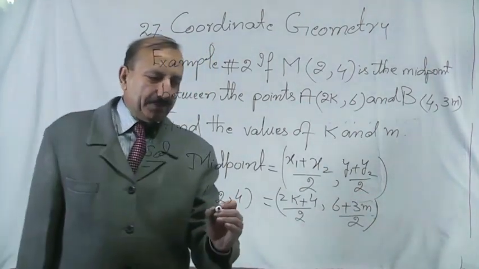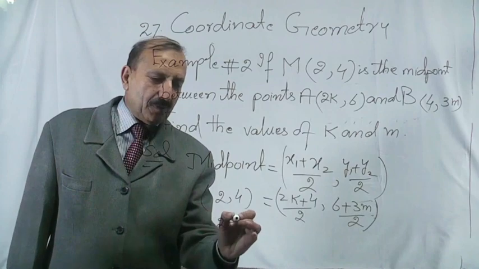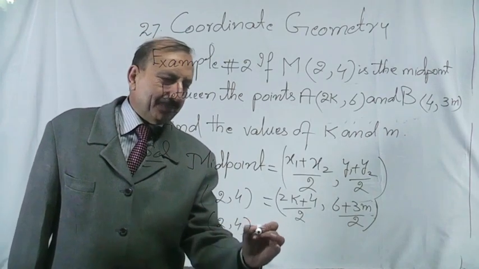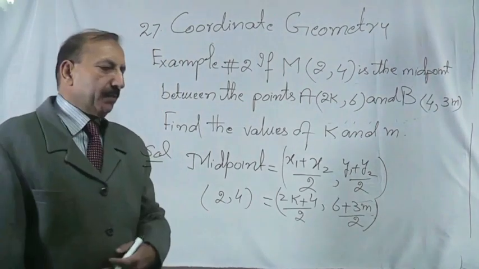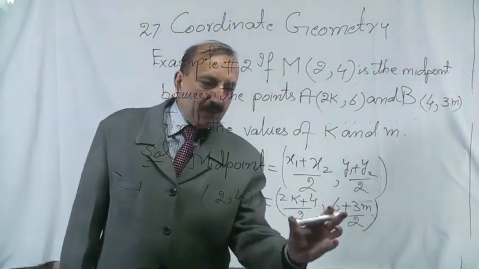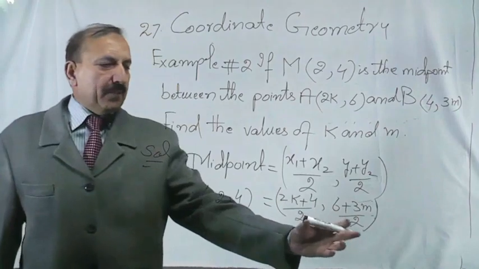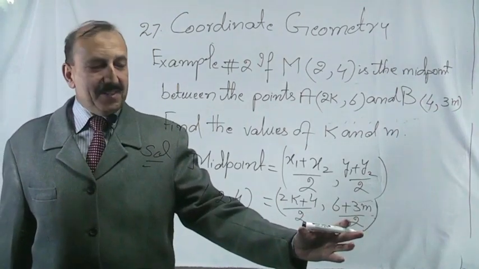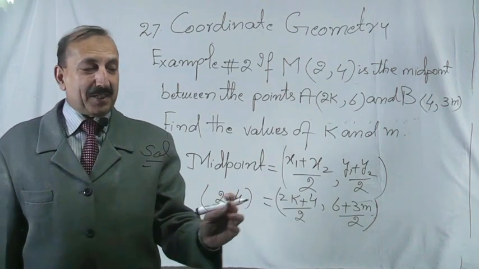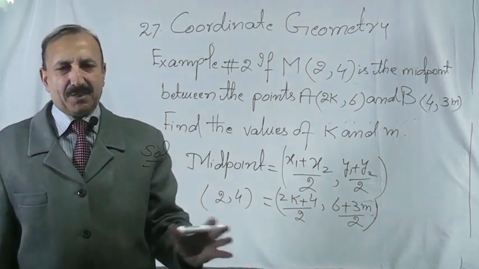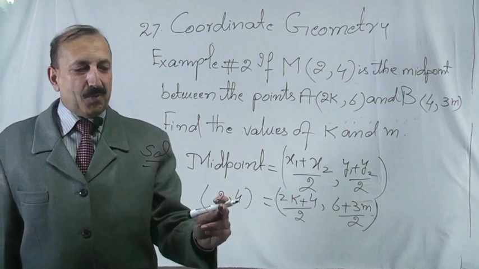Let's simplify a little. We will get 2, 4 as it is. Well, we just need to equate them. Because this midpoint is equal to this one, it means their respective components will be equal. That's why they are equal. Their components will be equal.